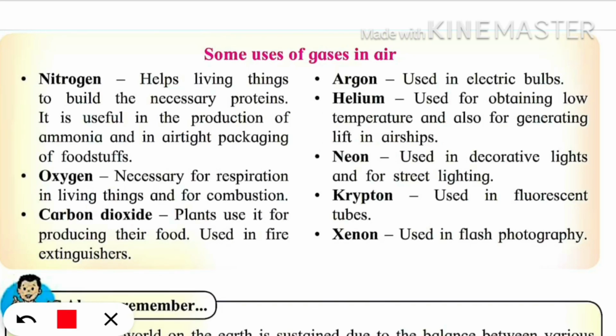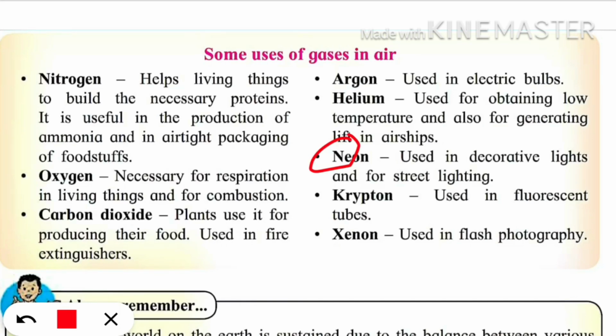Helium is used for obtaining low temperature and also for generating lift in airships. Helium balloons we have seen. The next is neon, which is used in decorative lights and for street lighting.